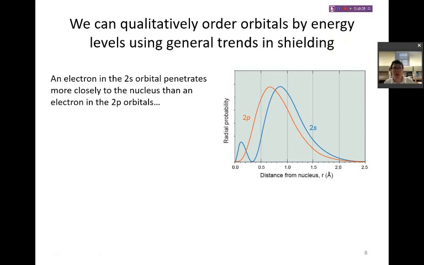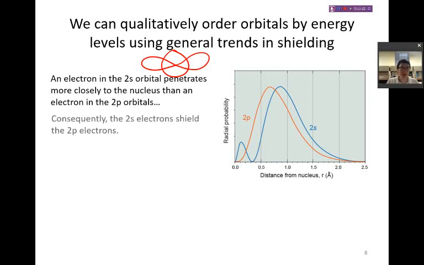So let's take a look at the probability of finding electrons in the 2p and the 2s orbital. Remember, when we're looking at the orbitals, we have our s orbitals centered around the nucleus, and then the p orbitals reach farther out. Because of that, there is a probability of finding the s electrons closer to the nucleus than for the p electrons.